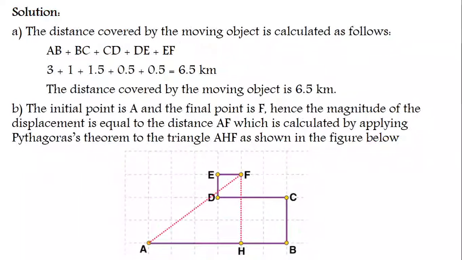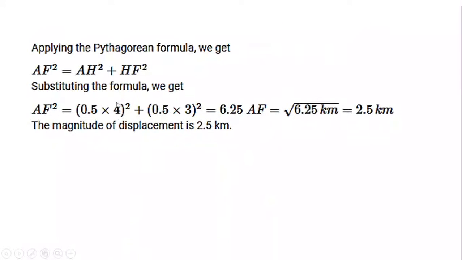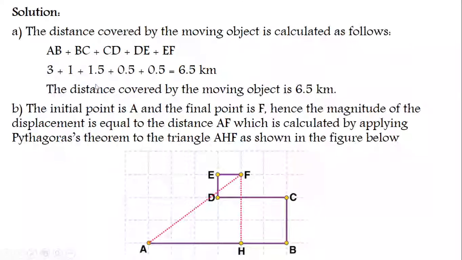You may already know the Pythagoras theorem. FH is 1, 2, 3, 4, total 2 kilometers, and AH is 1, 2, 3, which is 1.5 kilometers.